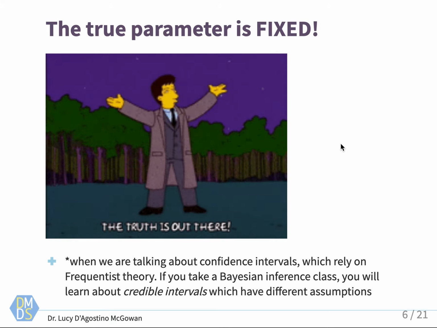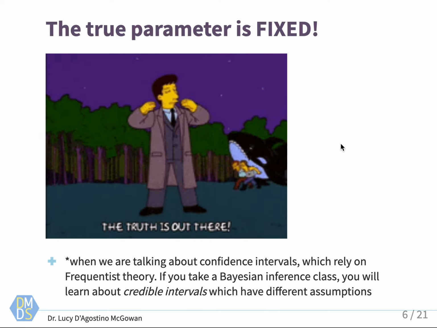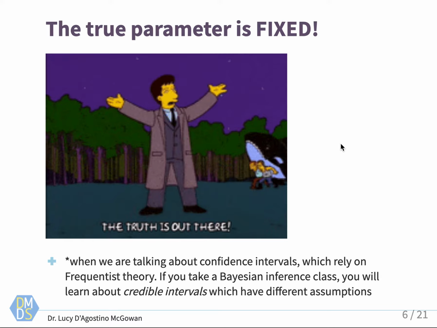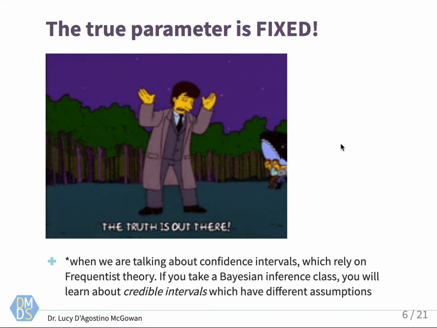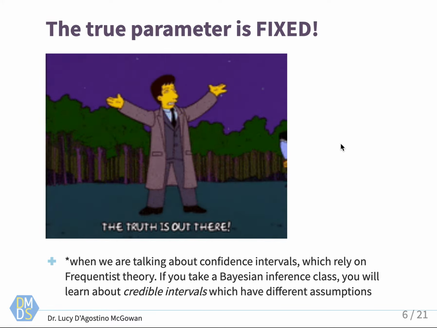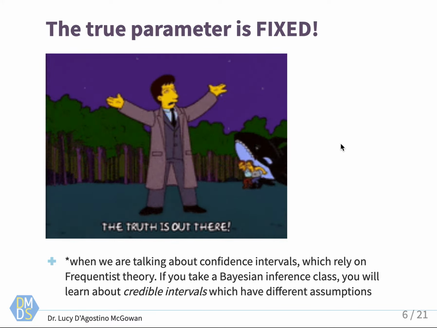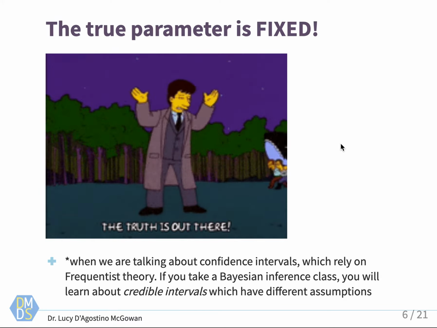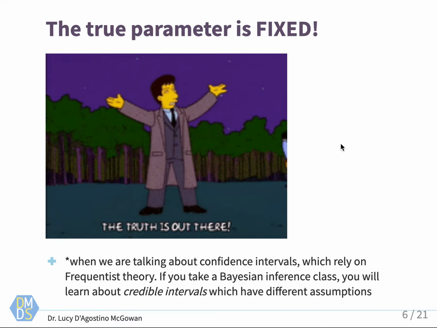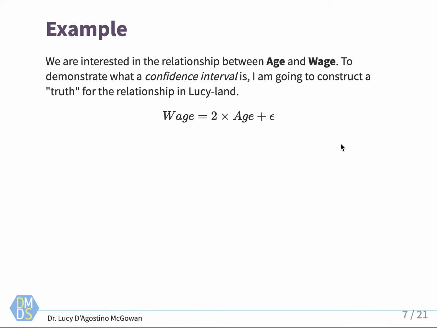So you don't think about these in terms of the probability of the truth. You think about confidence intervals in terms of the proportion of all of the intervals that could potentially be calculated using this same sampling and estimation technique that would contain that truth. So it's a different way to think about what that probability is. Okay, so to drive an example, we're going to pretend like we know some truth.